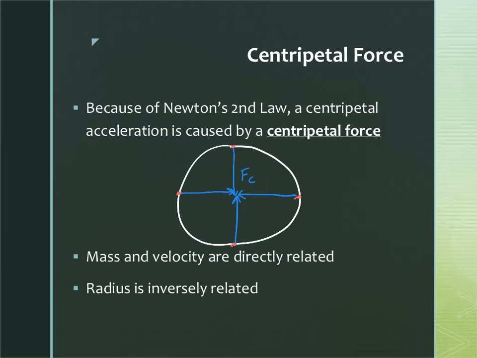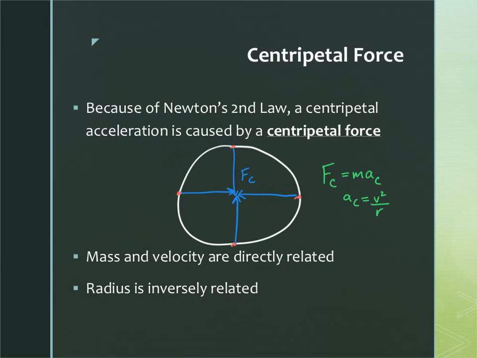And now it's important to look at this equation right here. Fc, the centripetal force, is equal to mass times the centripetal acceleration. Looking back, this is also in the reference table, centripetal acceleration is also equal to v squared over r, the velocity squared over the radius r.